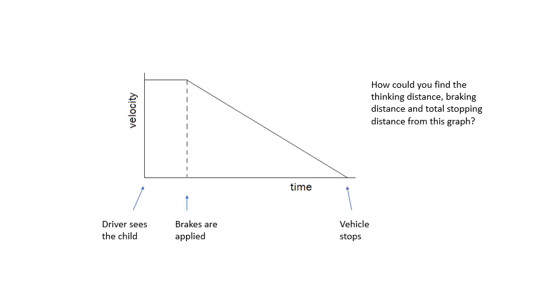Then I'm assuming the deceleration is constant because the gradient is constant, so the graph goes down and the vehicle stops. How could you find the distance traveled in each of those? You should remember that it's equal to the area. So the thinking distance will be a rectangle and the braking distance will be a triangle.